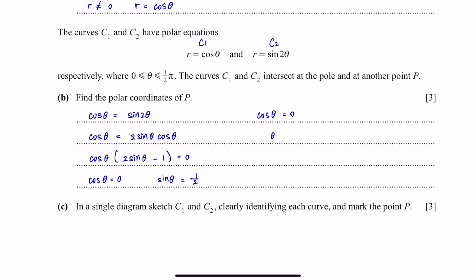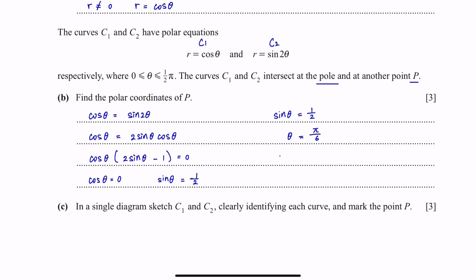Oh, sorry, cos theta cannot be 0, if not r would be 0. And first we need to find P instead of the pole, so you can just ignore this for now. So sin theta equals 1 over 2, theta is pi over 6.